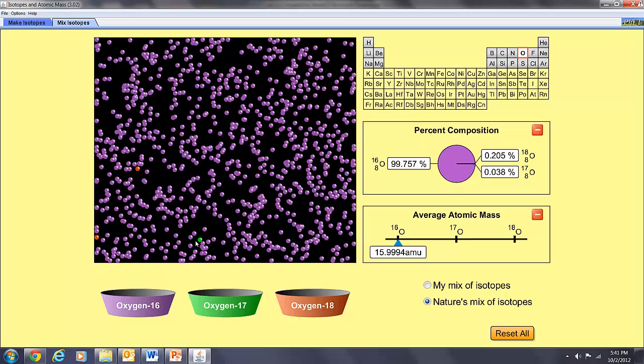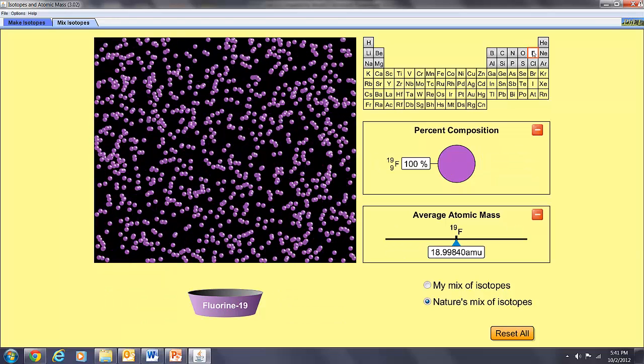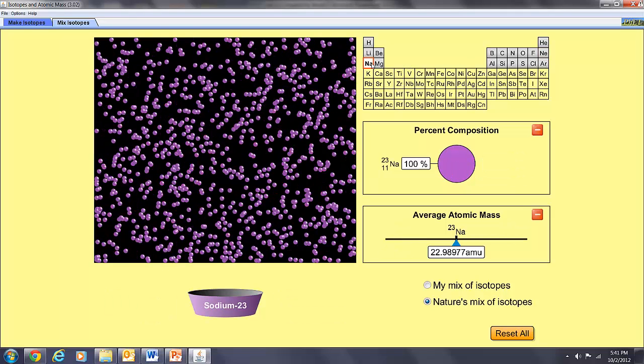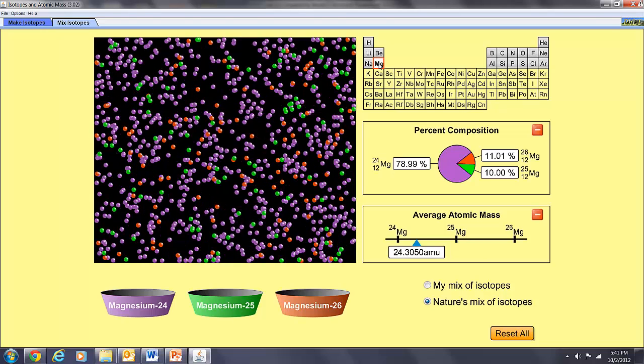And we have another color, our oxygen-17. This one has 3 isotopes. Fluorine, pretty much only 1. Neon, again 3 isotopes. Sodium, pretty much the 1. But magnesium, look at my split here. 78.99% is magnesium-24, but then a pretty even split of magnesium-26 and magnesium-25.